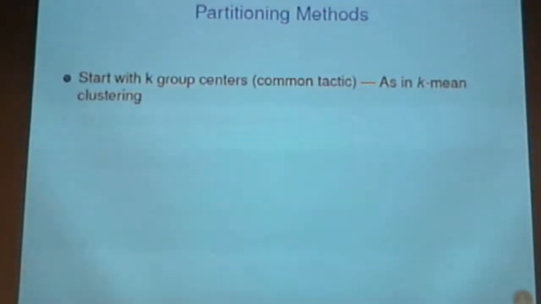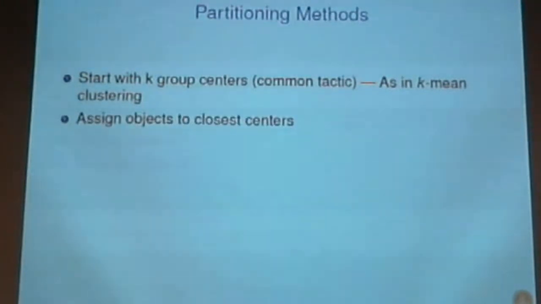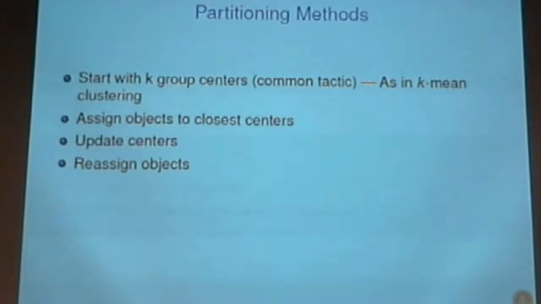Then assign each object to the closest center, and then you update the new center right after the new clusters form. We reassign objects until convergence. This reassignment is very common in partitioning methods. We need to reassign until finally the centers stabilize.